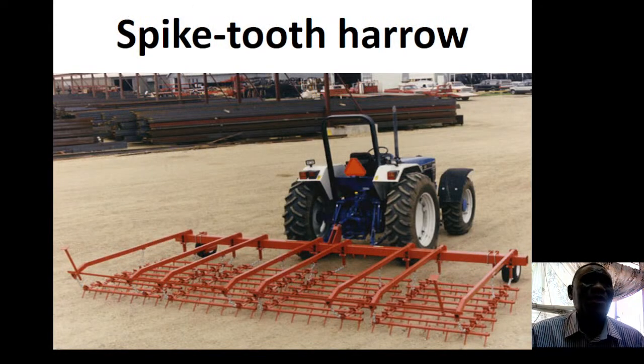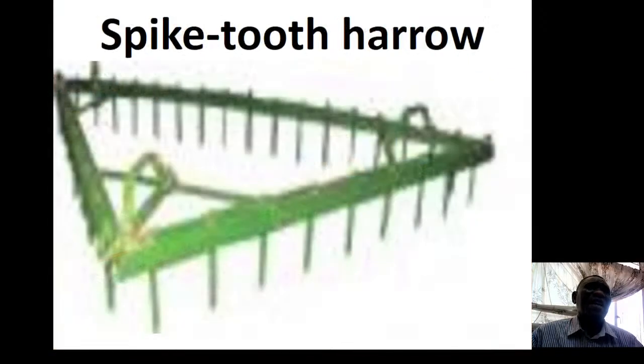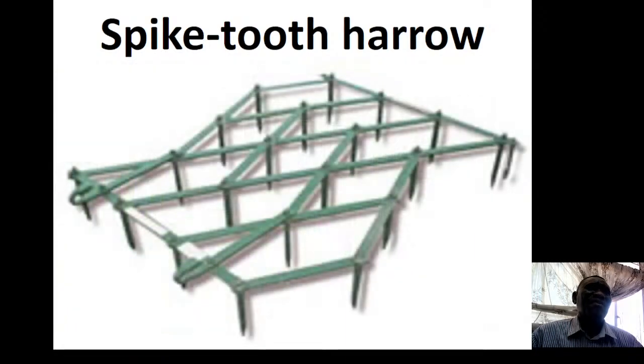This is the spike tooth harrow. This is the tractor drawn spike tooth harrow, animal drawn spike tooth harrow, another animal drawn spike tooth harrow. But as I have said, it appears smallholder farmers are not taking advantage of these implements to reduce labor requirement for weeding.